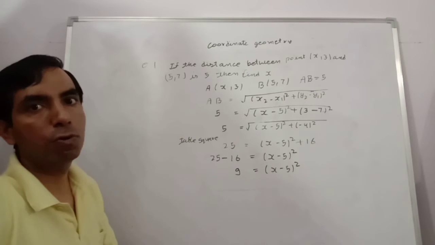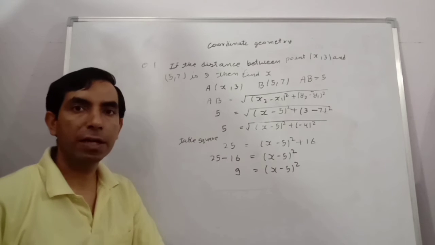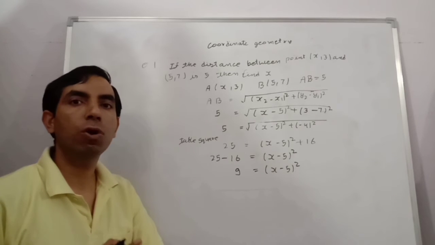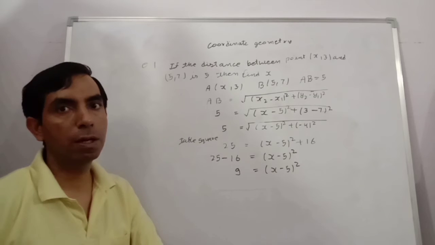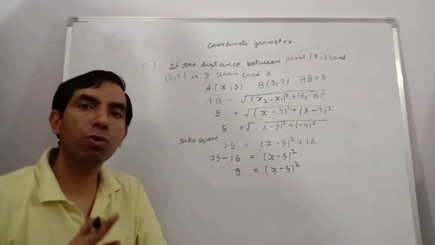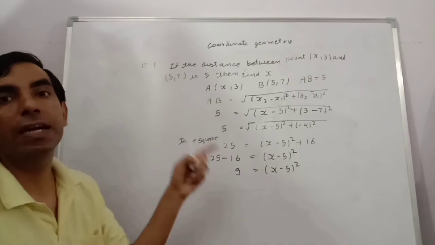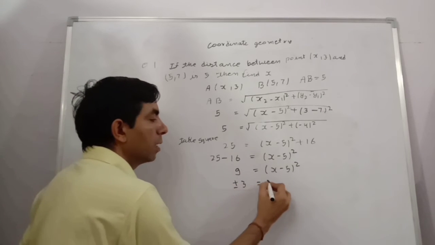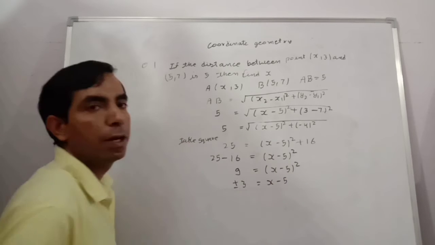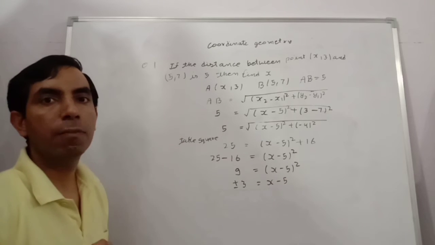Now we take the square root of both sides. In numbers, we know that if we take the square root of any number, we get the answer both positive and negative. Because if we take the square root of 4, we get plus minus 2. Similarly, if we take the square root of 9, we get plus minus 3. So x minus 5 equals plus minus 3. One time we take plus 3 and the second time we take minus 3.